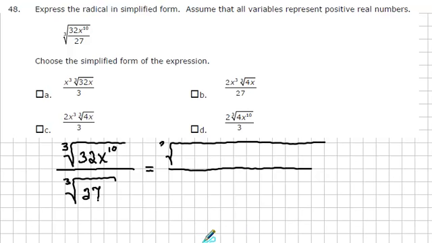We have the cube root of 32, which is divisible by 2. It's 2 times 16, but 16 is divisible by 2. 16 divided by 2 is 8, and we know that 8 is 2 times 2 times 2. X to the 10th means x multiplied by itself 10 times, so we have x times x times x, a total of 10 times.